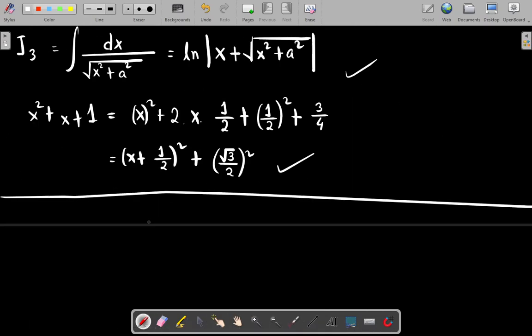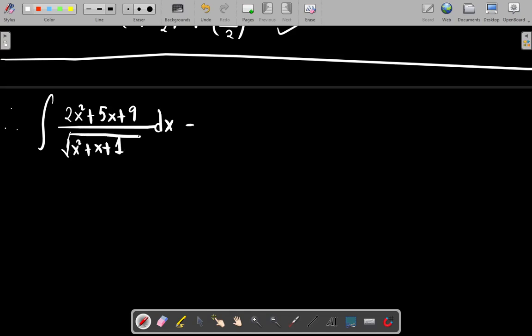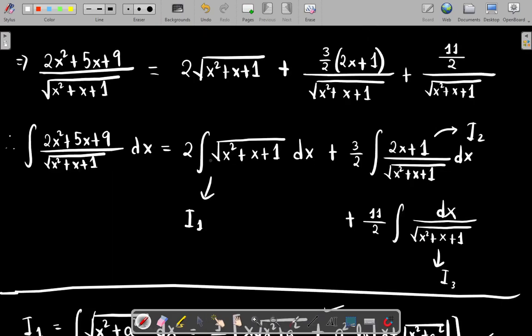So the required integral I, we have 2x square plus 5x plus 9 upon square root of x square plus x plus 1 dx, right? We have 2 times this value, right?